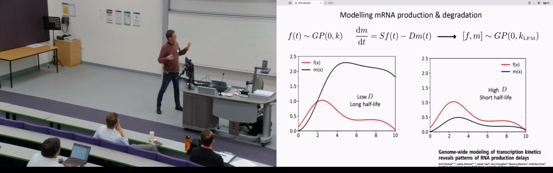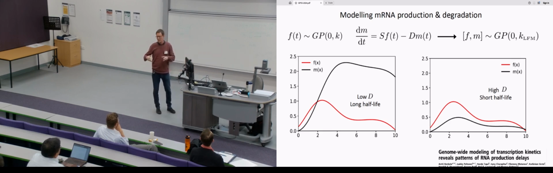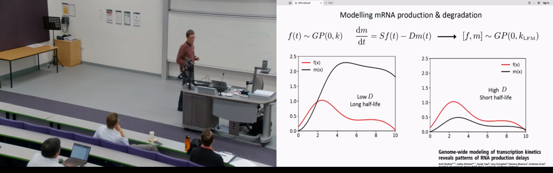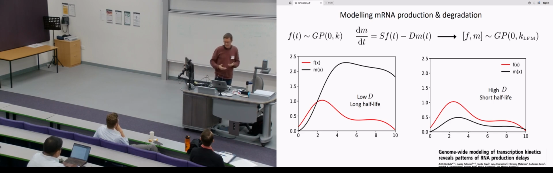So basically, when you have a high degradation, the two functions end up looking very similar to each other. And as d goes to infinity, the black and the red would follow exactly the same shape. So the degradation rate sets the delay between the peak of your pre-mRNA and your mature RNA.